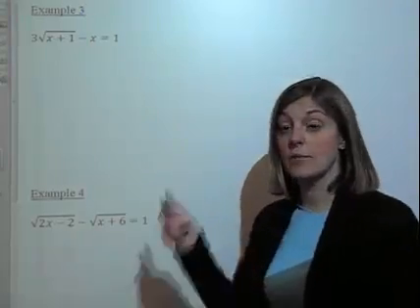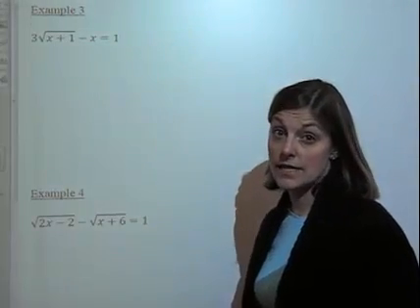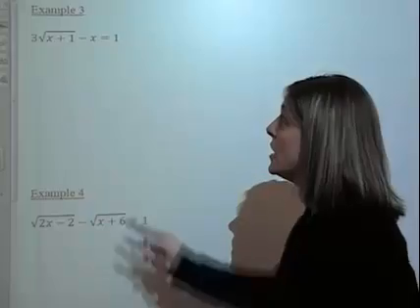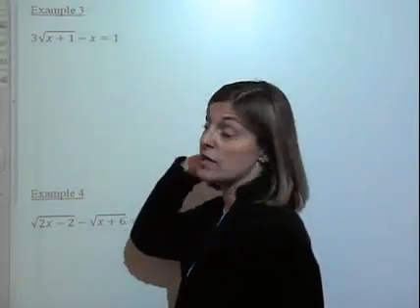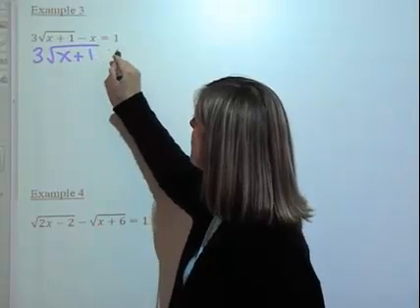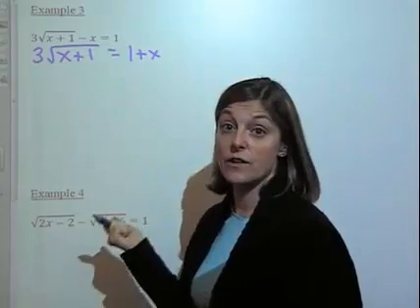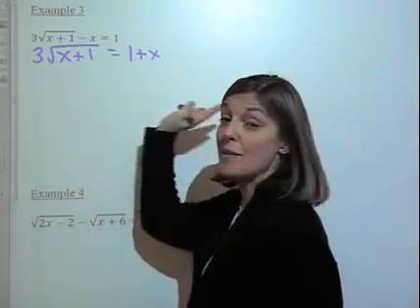All right, so let's take a look at example number 3. We have several things going on here on the left-hand side, and we need to get that radical by itself. So first we're going to add the x over to the other side. Then we're going to divide both sides by 3.